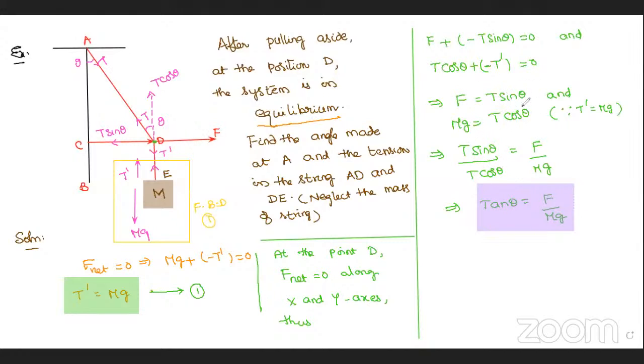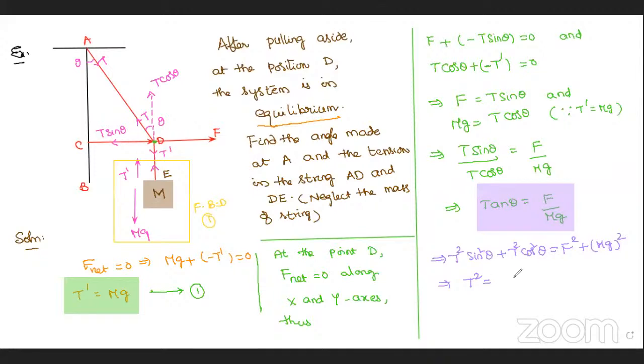And by squaring and adding these two equations, T square sine square theta plus T square cos square theta. I will get T square sine square theta is F square plus T square cos square theta is mg whole square. If I take T square common, sine square theta plus cos square theta is 1.